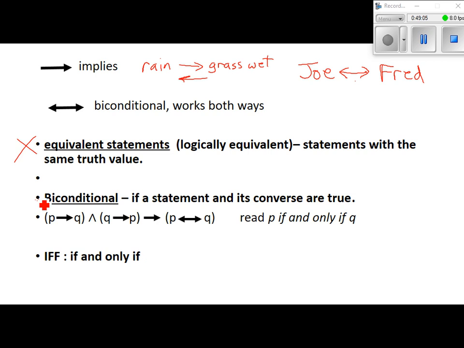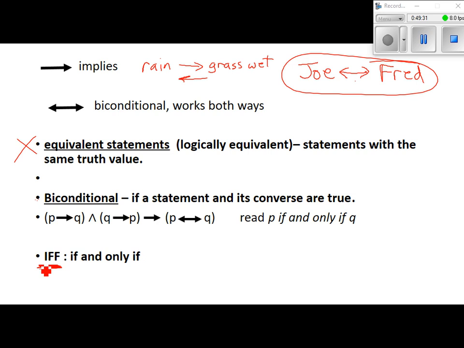Biconditional. If a statement and its converse are both true, so if it works both ways, then it's said to be biconditional. And we can write it this way. No, Kaylee, I didn't misspell if there. That's actually what we use. All right? So this says IFF.